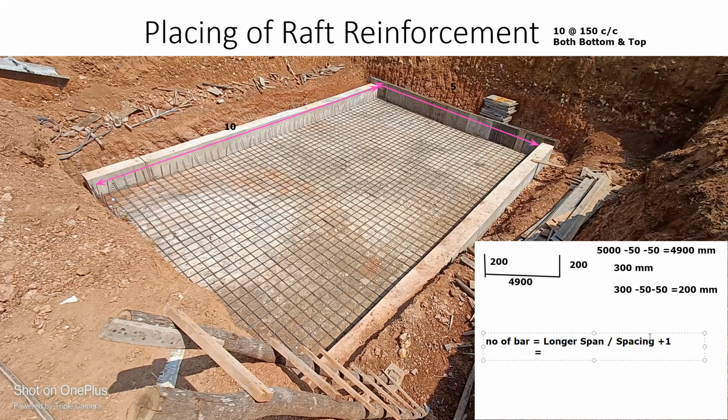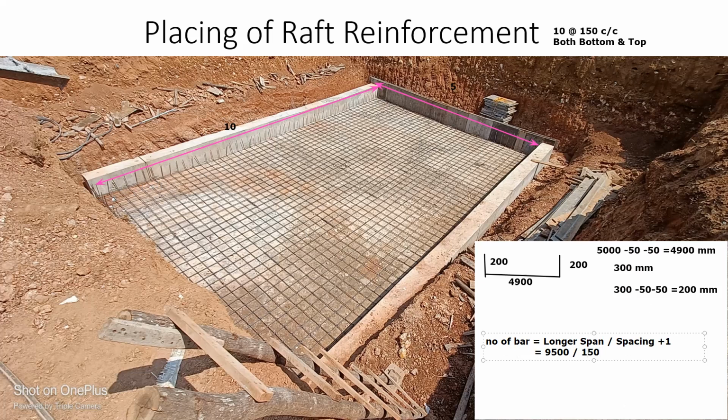Exactly, the longer span I told you to take as 10 meter, but again when I put the bar I take out a 50 mm cover from here and 50 mm cover from here. So 10 meter is 10,000 mm. 10,000 minus 500 comes out to be 9,500. I'll divide it by the spacing. Spacing I told you to take as 150 for both the bottom and top, and for shorter and longer, let us consider. So you divide it by 150.